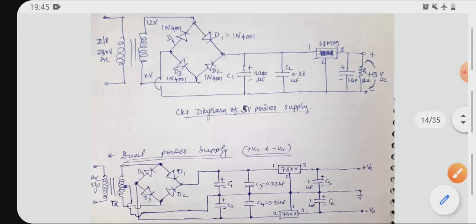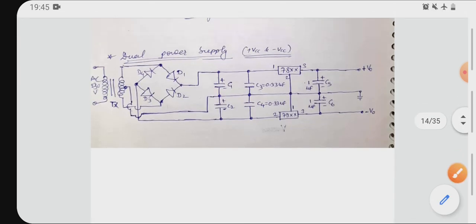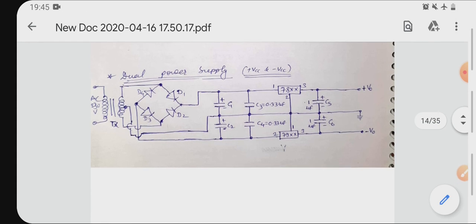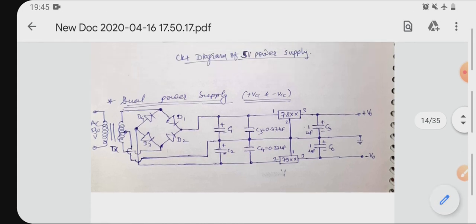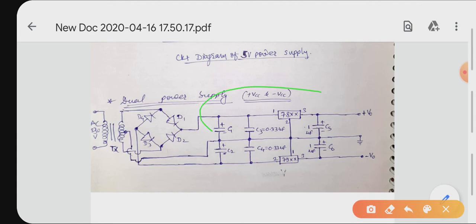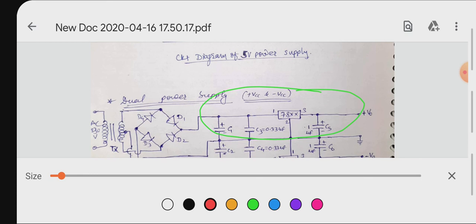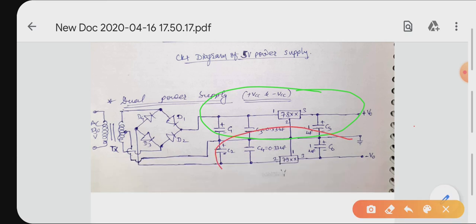Now moving to the dual power supply. Simple, there are two sections. This upward section is a positive voltage regulator section with 78XX series, 1 input, 2 ground and 3 output. And this downward section, which is shown by red color, is a negative voltage regulator section.